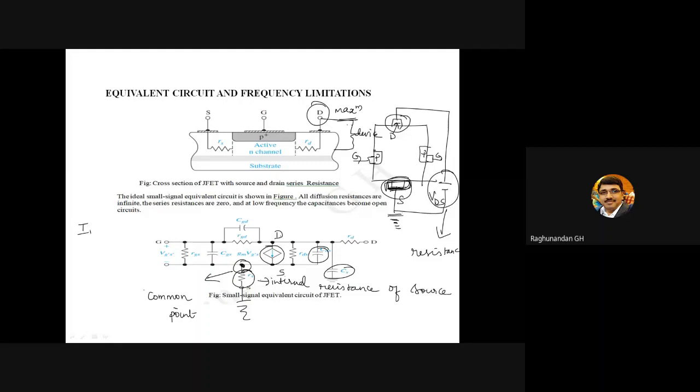Is ID independent, or is it dependent upon some parameter? Which parameter?